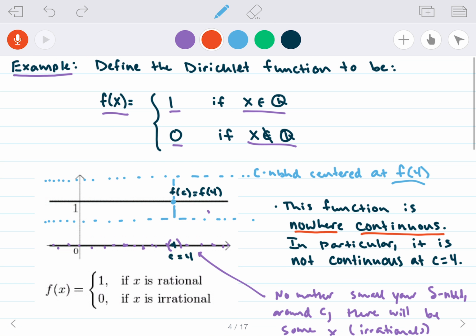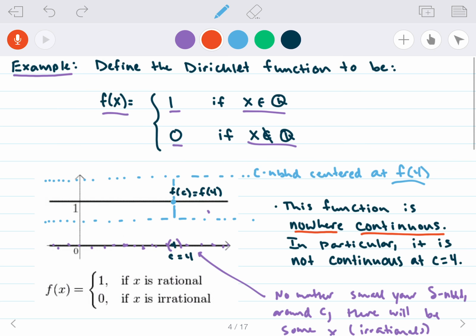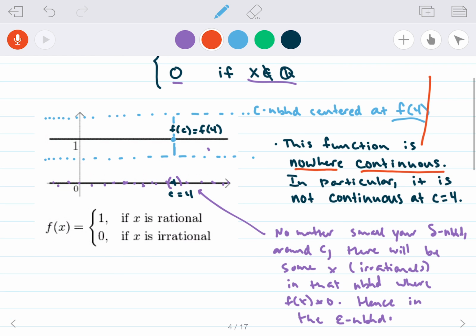that's the idea. I also want to give you a sequential proof that this thing isn't continuous at 4. Just like we mentioned here, we can show it's not continuous at 4 if we can produce sequences that converge to 4, but when you apply f, those sequences converge to different things. So, let's look at that.